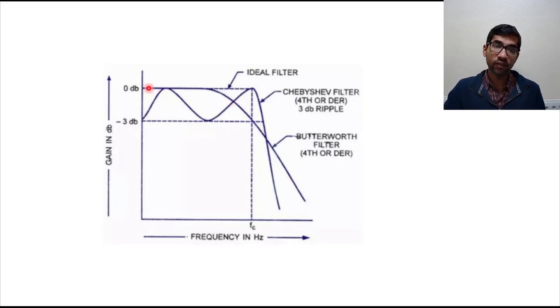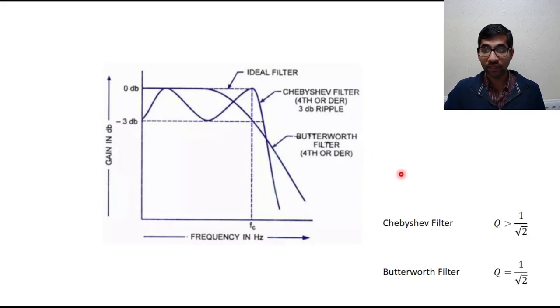So these kinds of filters which do not have a ripple in the passband are called Butterworth filters, while the filters that allow for a ripple in the passband and have a faster transition region are called Chebyshev filters. And these two filters can be built by changing the Q, right? The quality factor. And the conditions are written here.